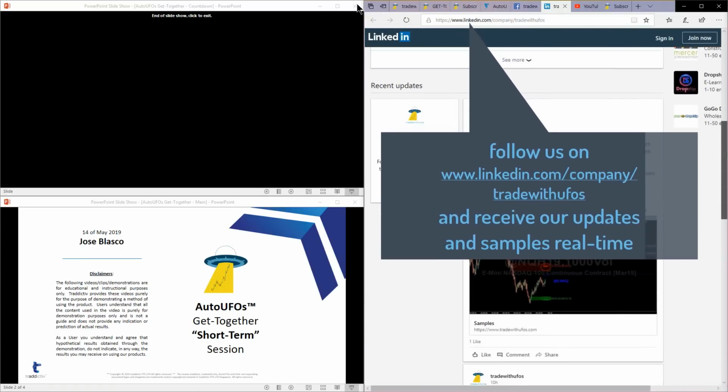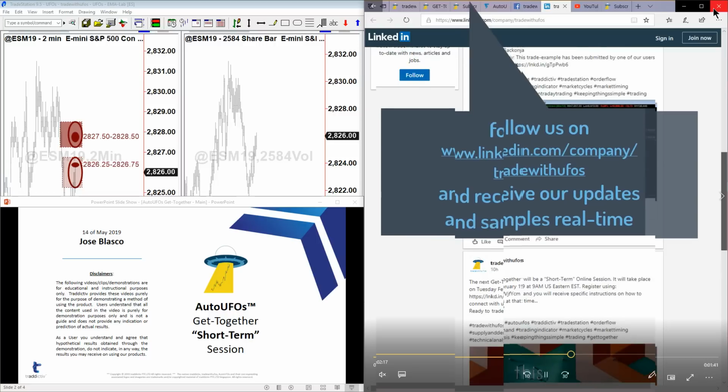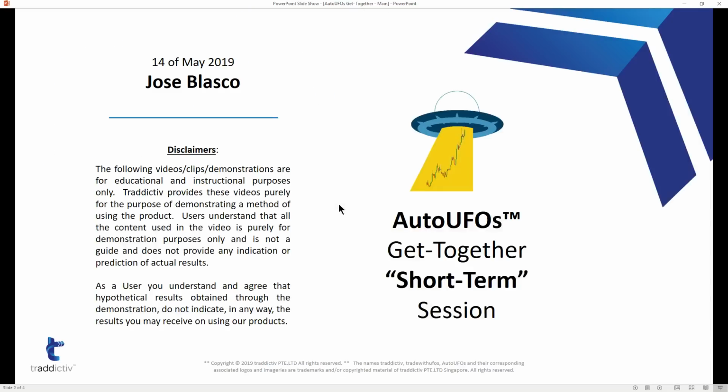Okay, everybody, time to begin. So let me maximize my screen here on my side so we can have the proper slide, the proper screen, the proper beginning, and that way we will start the session.